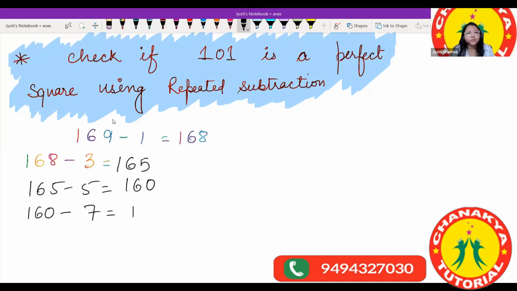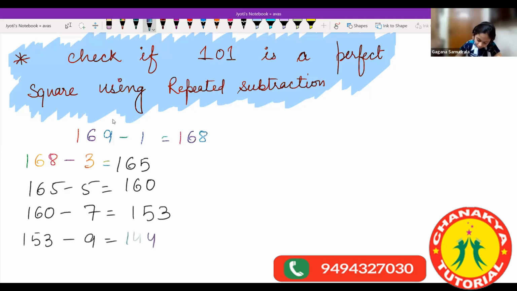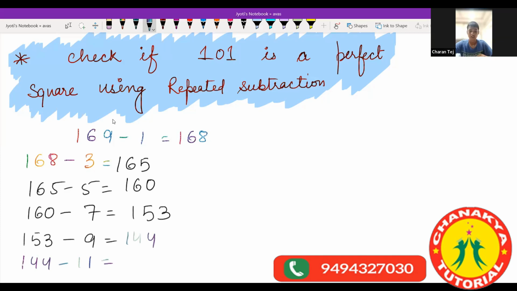The answer would be 144. 144 minus 11. The answer would be 133. All right, 133 minus 13.